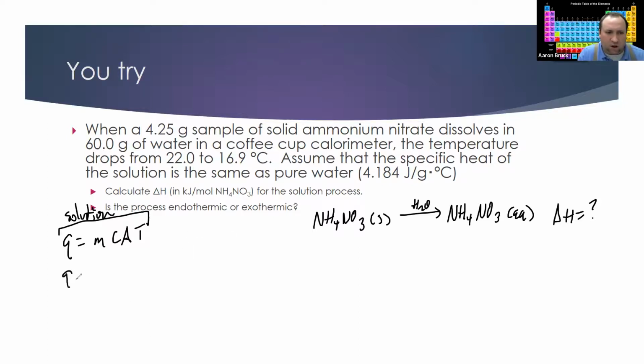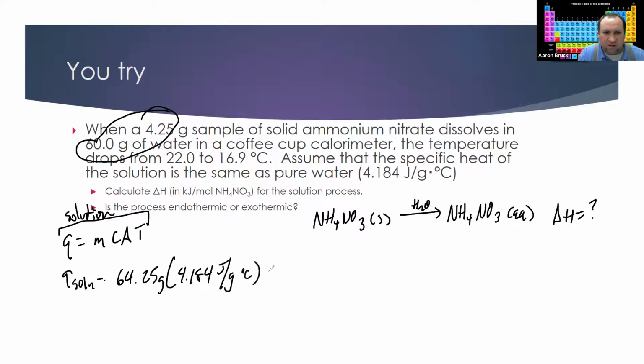And so Q of solution would be equal to the total mass of the solution. So I've got to put both of those together, since when we make the solution, they will both be present. So 64.25 grams of total solution. The specific heat for the solution is 4.184 joules per gram degrees Celsius.